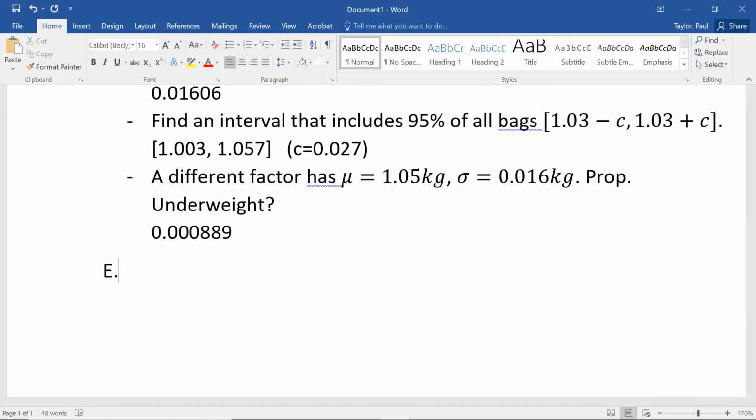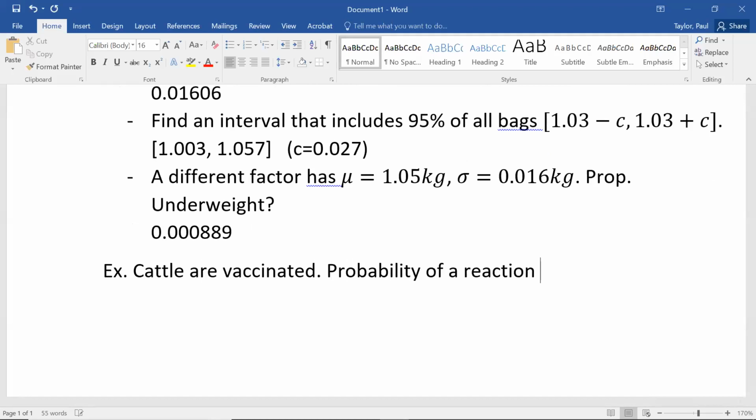Second example, we are vaccinating cattle. The probability of a particular cow having a reaction to the vaccination is 0.0005. So three zeros after the decimal point, then a 5.